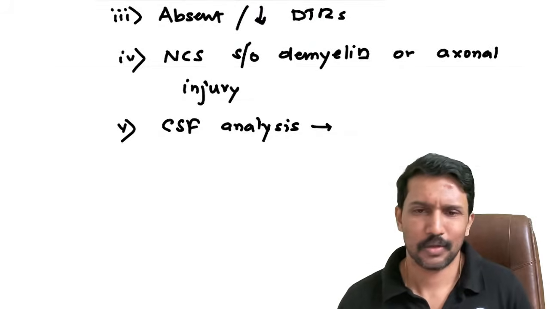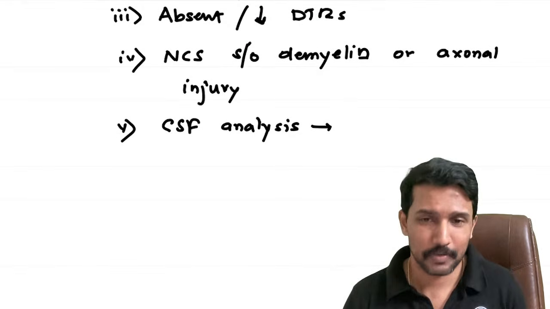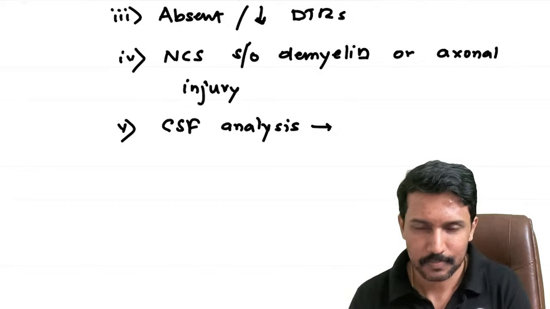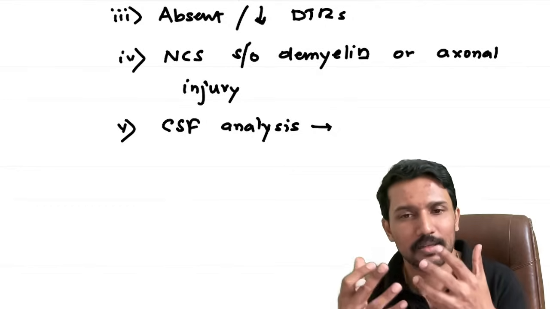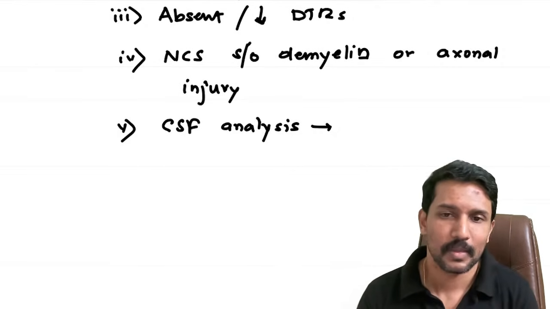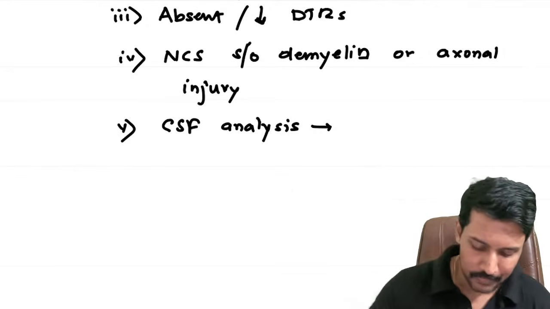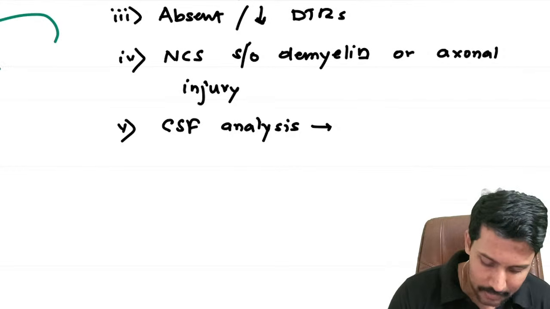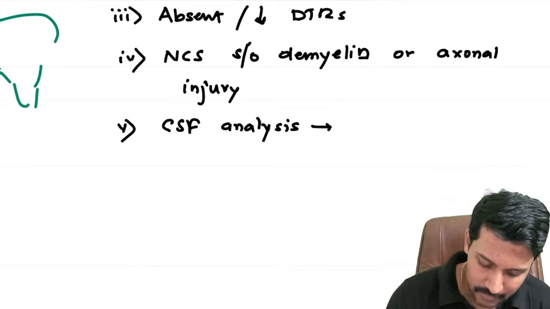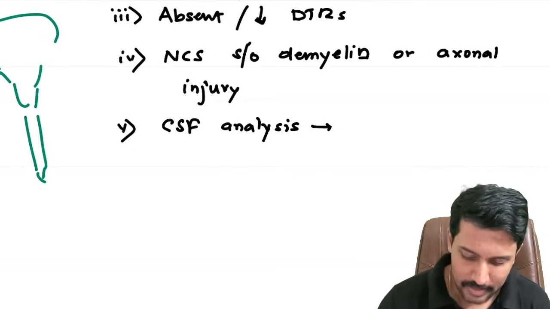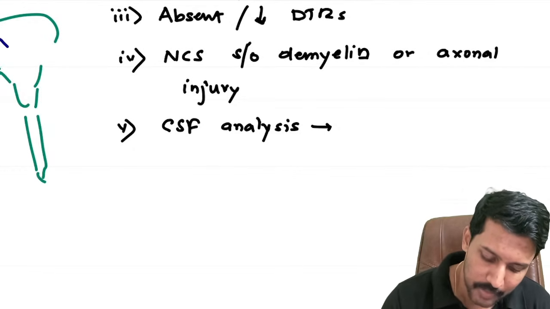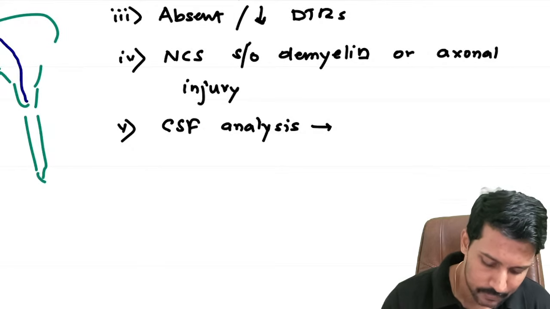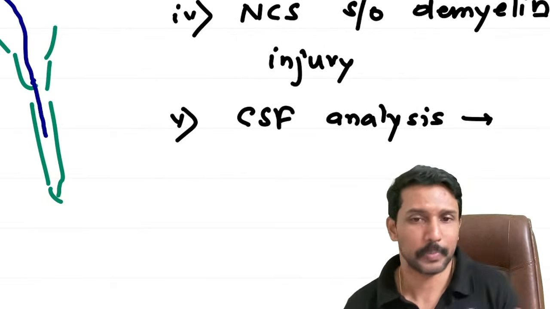CSF analysis. Now you may be wondering, sir, we are talking about a peripheral nervous system disease. Is it having anything to do with the CSF? Well, there's a link. You know, if this is brain stem, and then you have this spinal cord, and as I've already told you, upper motor neuron begins in the motor area of the brain, and then it continues its journey all the way to spinal cord.